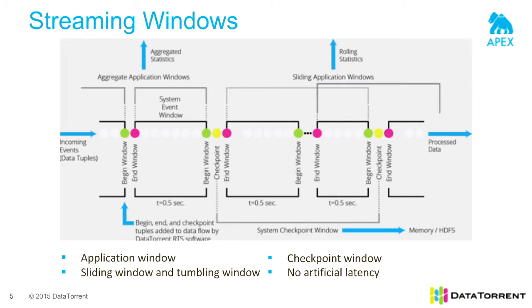An important concept in processing unbounded data are windows. Apex has the concept of streaming windows. Streaming windows divide the data stream into small time slices. The way it works is actually that control tuples are inserted into the data flow. They travel along with the actual data tuples through the system.